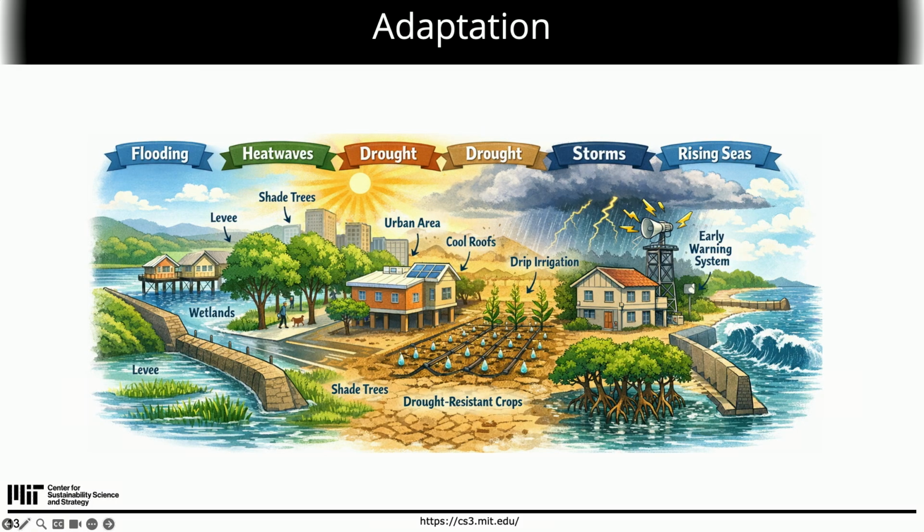And for agriculture, to avoid drought, you might want to implement drip irrigation systems to really control the water that is needed for agriculture. We can also develop drought-resistant crops, so more GMO research. Yeah, so this is just to give you an overview of what can be done.